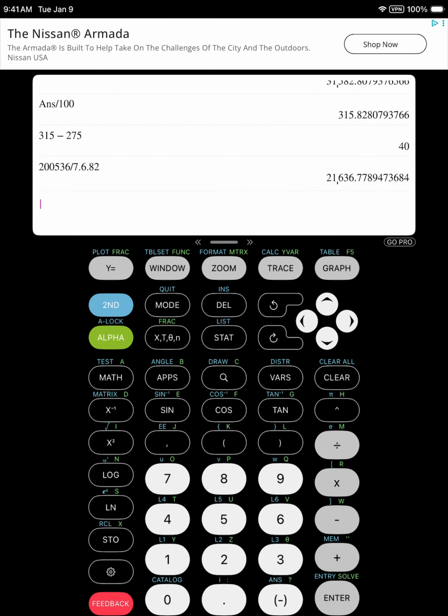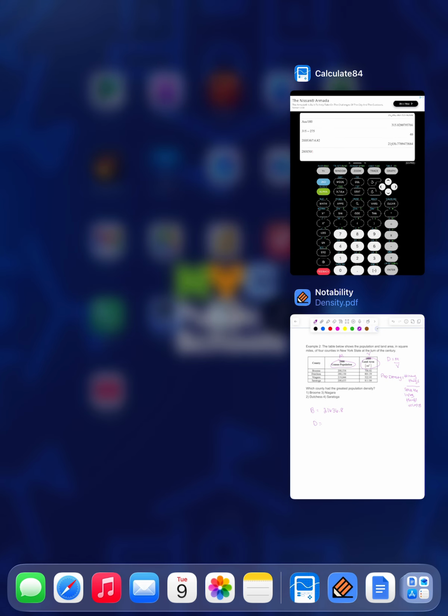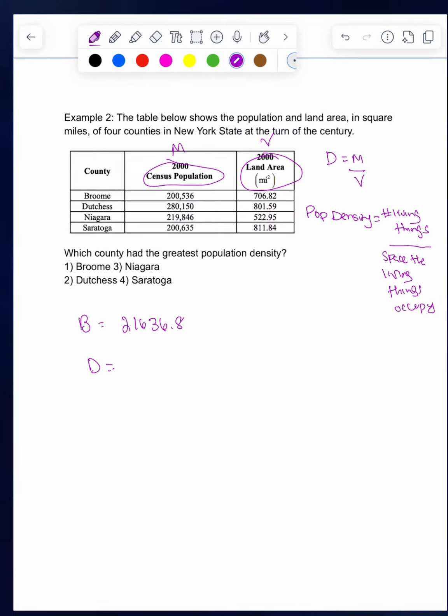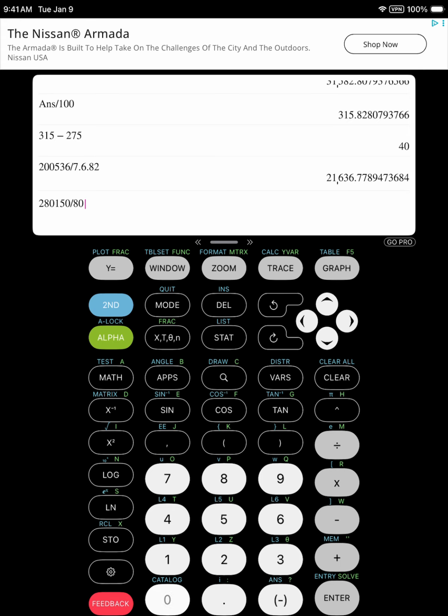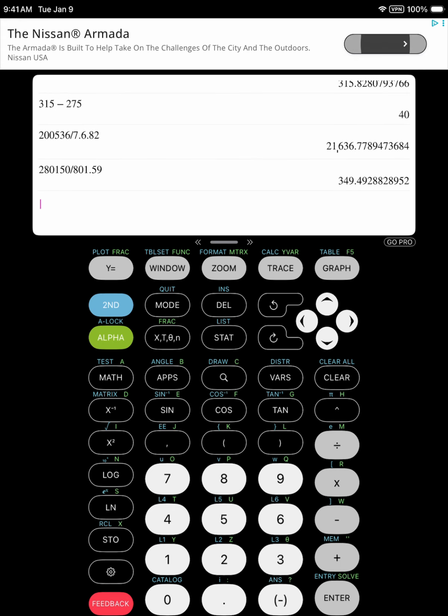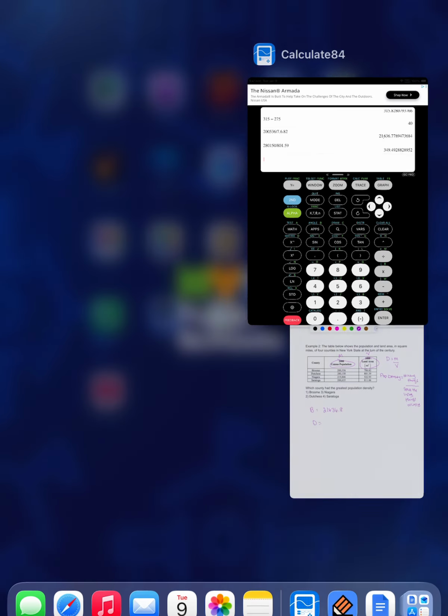280,150 divided by 801.59. And that's smaller, much smaller actually, 349.5.